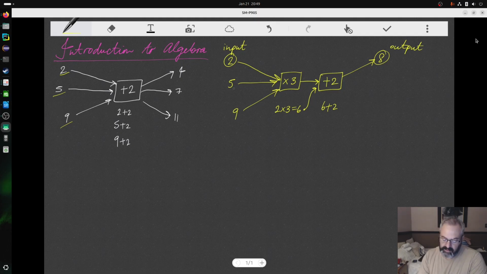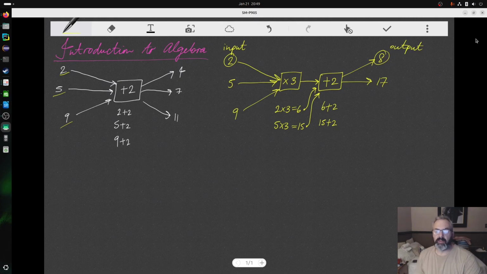Okay, so let's go and see what happens if we put 5 into the machine. If we put 5 in, then the first step will be 5 times 3, and that's going to be 15. And then we take our 15 and we put it into the second step, and then we have 15 plus 2, and that'll give us an output of 17.